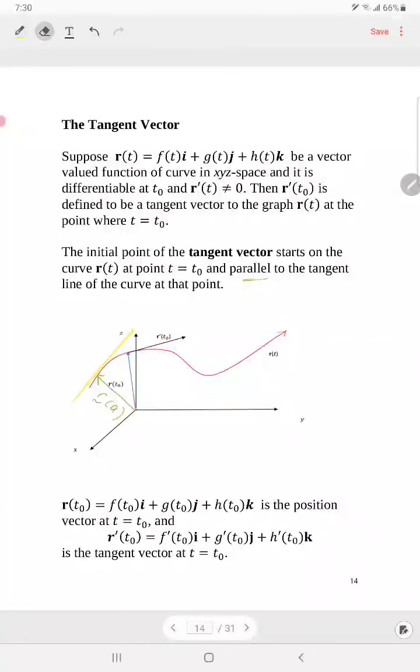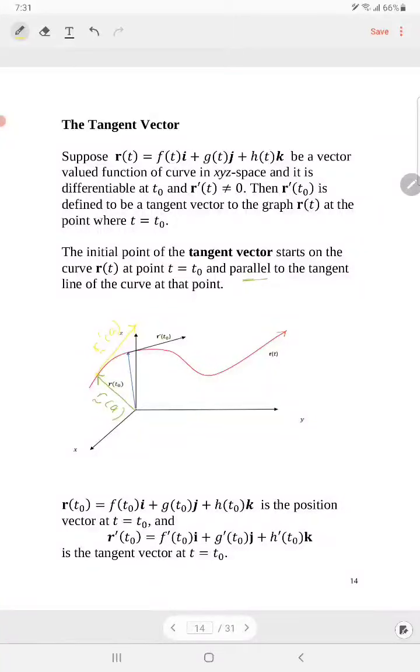So the tangent vector would be parallel to the tangent line, but it starts on the curve. So the tangent vector would start on the curve when t equals a, and then it is parallel to the tangent line. So that would be r prime at a, the tangent vector of the curve when t is equal to a.